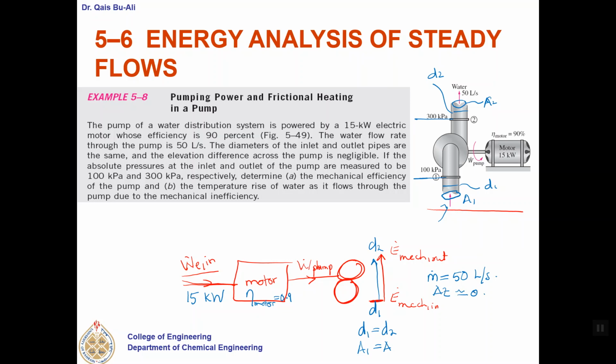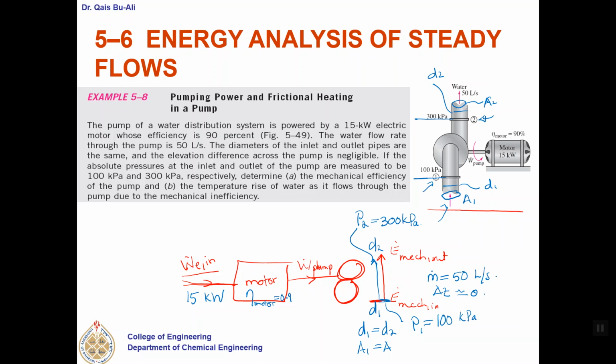What is next? The absolute pressures at the inlet and the outlet of the pump are measured to be 100 kilopascal and 300 kilopascal, which means here at point 1, P1 is equal to 100 kilopascal, and here at point 2, P2 is equal to 300 kilopascal. Now it is obvious here.